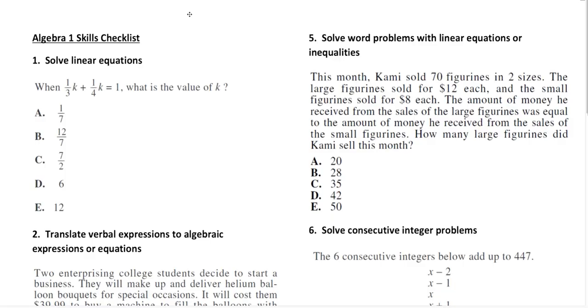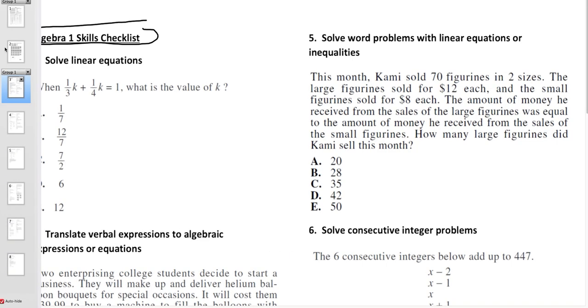The next order of business for you today is that you are going to be working through an Algebra 1 practice section. These are going to have potentially all the Algebra 1 skills that we can practice on this test. We're going to work through the first 20 questions.